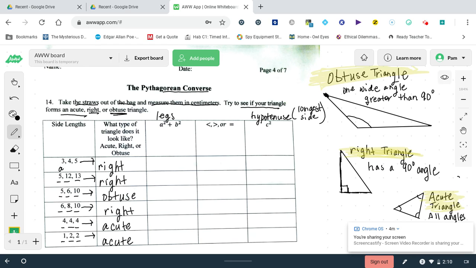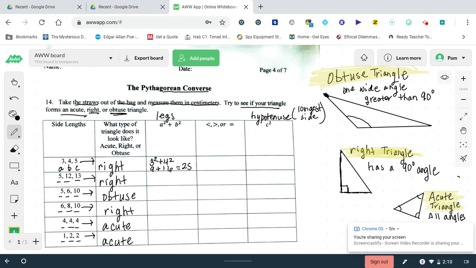So this is A, that's B, and this one is C. All I want to do is take A and B, find the square of A and add it to the square of B. So that's 3 squared plus 4 squared, so we end up with 9 plus 16, which is 25. I'm just squaring the legs and adding them together, and I get 25.